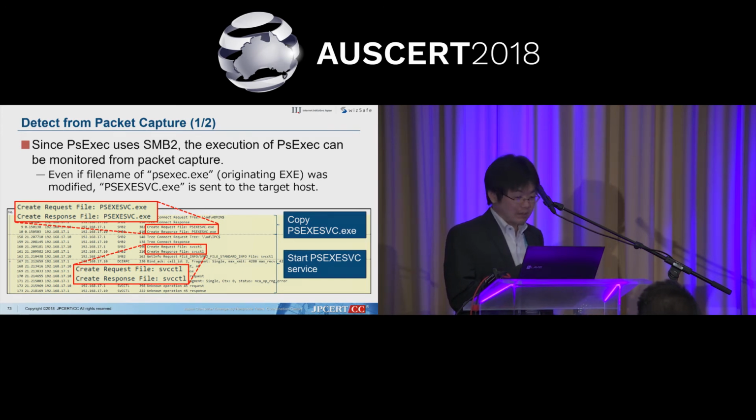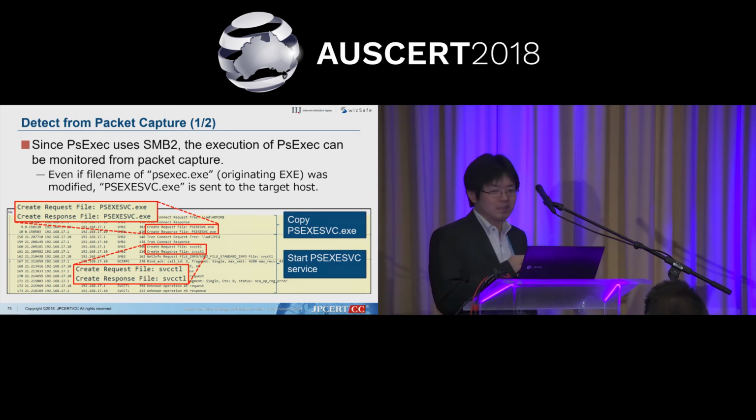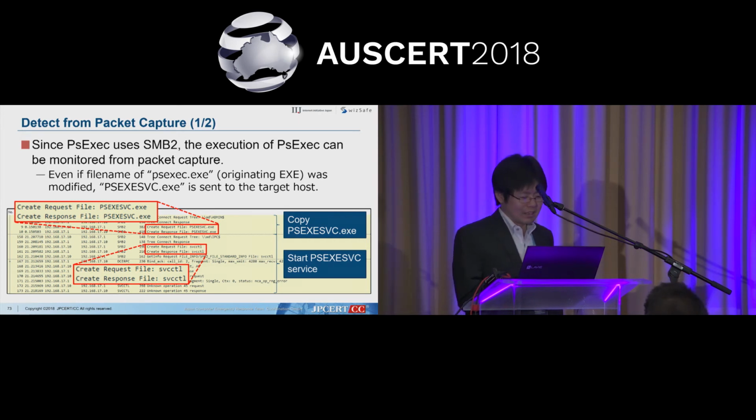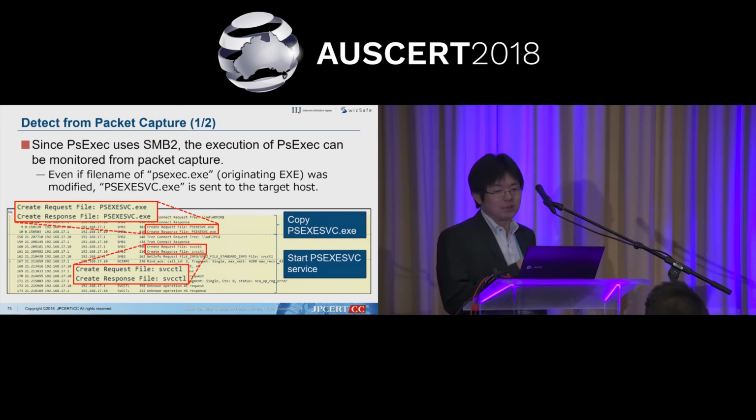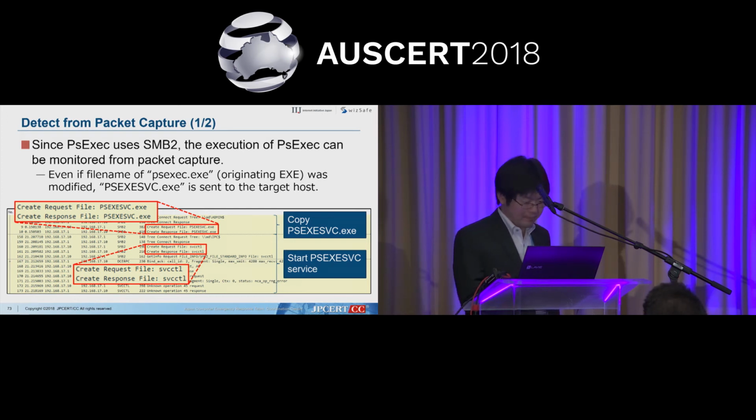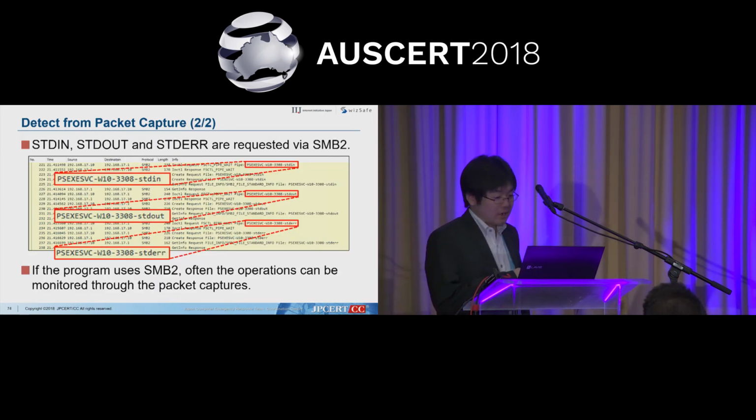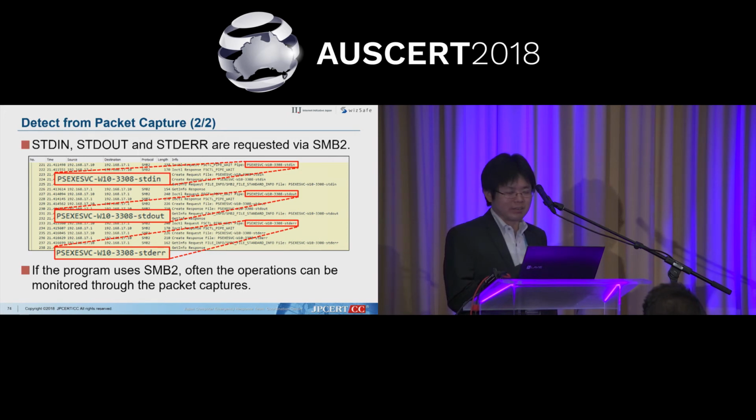Oftentimes, the attacker changes the name of psexec.exe because it's obviously PSExec. But even if they change the names, this name, psexesvc, may still be available in the packet captures. So it's worth looking. Other things that can be monitored in the packet captures are the stdin, stdout, and stderr files.